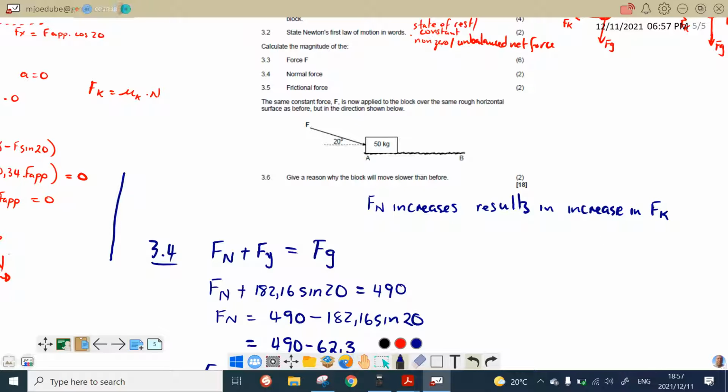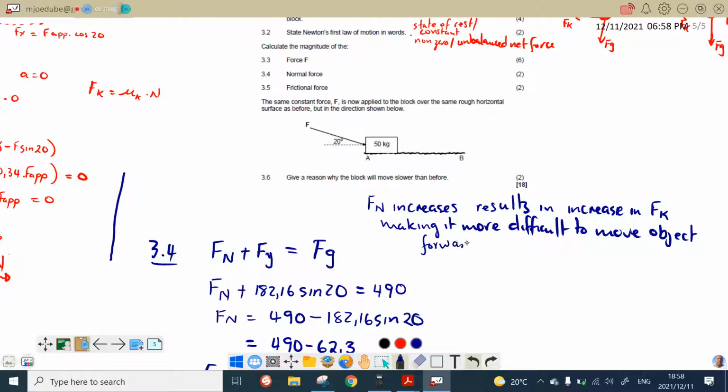So once the frictional force increases, it's going to become more difficult to move the object forward.